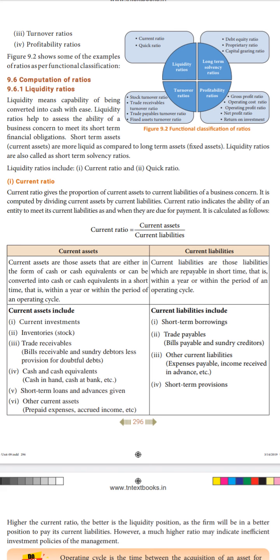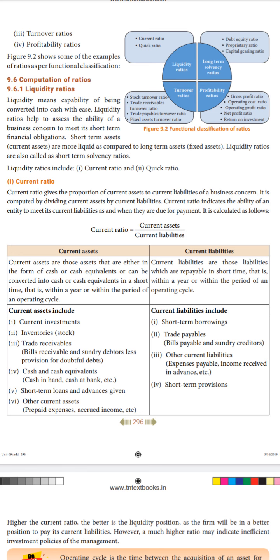Current ratio will show us how easily and speedily we can make the payment for the creditors or for the current liabilities. The formula is: current ratio is equal to current assets divided by current liabilities.